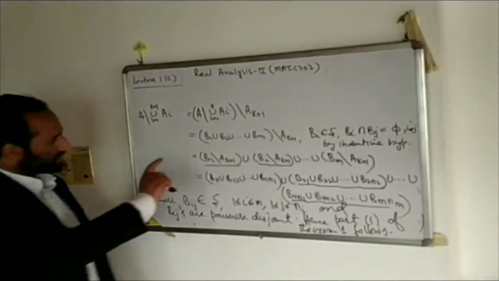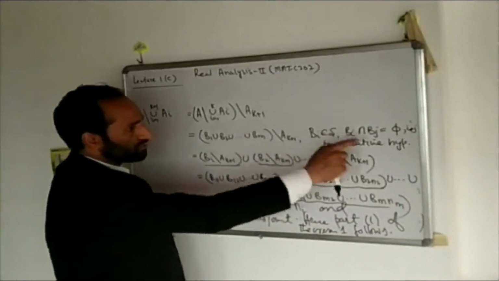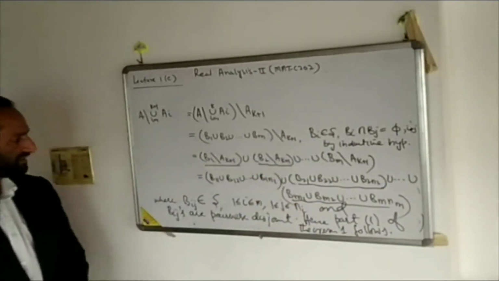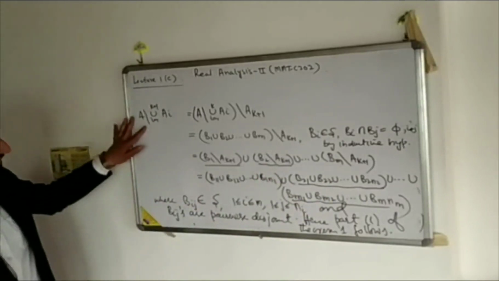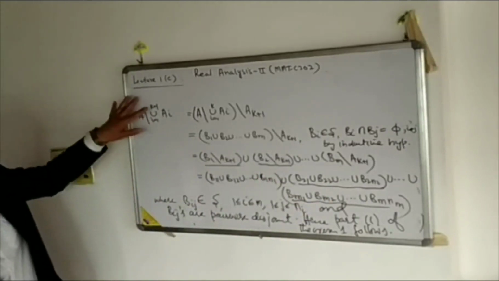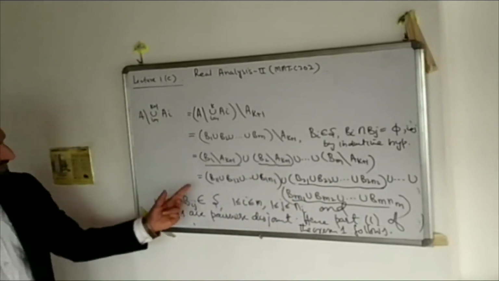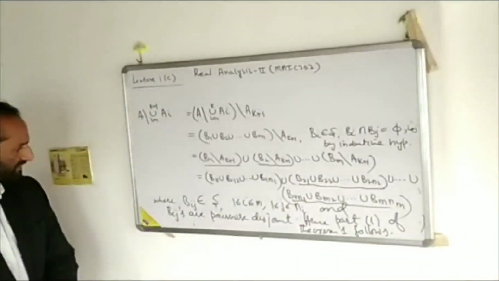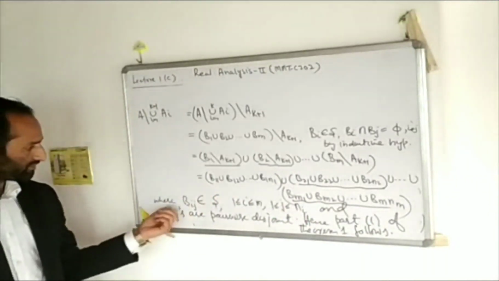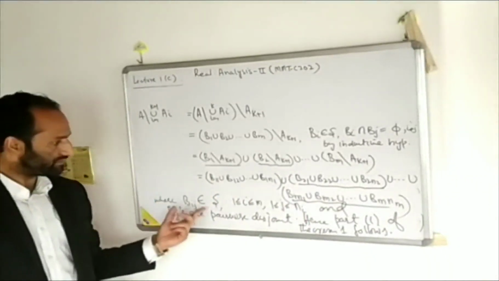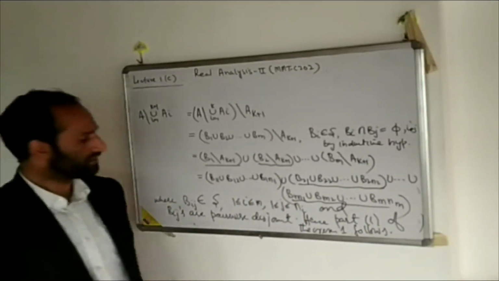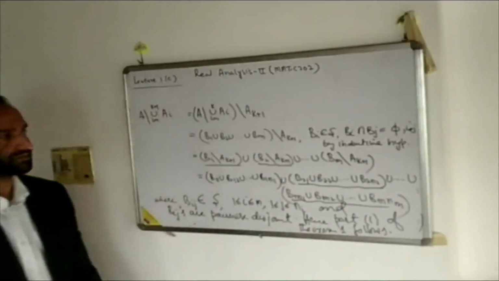Again, B1, B2, up to Bm are pairwise disjoint. Therefore all the members of this union are pairwise disjoint. That is, A minus union i runs from 1 to k plus 1 of A_i can be written as a finite disjoint union of members of S, where these Bij's are members of S and are pairwise disjoint. Hence part 1 of the third one follows.